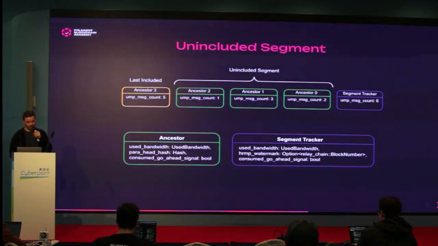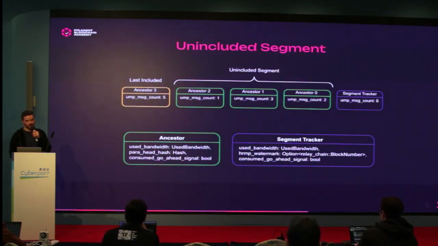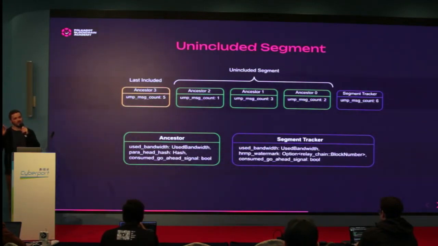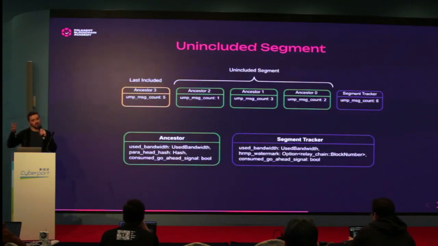We also have things like an HRMP watermark, which is actually only kept track of in the unincluded segment tracker, and this notion of a consumed go-ahead signal, which if you remember from my Cumulus lecture, a go-ahead signal is when the relay chain, via the parachain validation function pre-checking process, when you are trying to upgrade your parachain code, signals back down to your parachain that, yes, this code can compile and we have approved it.